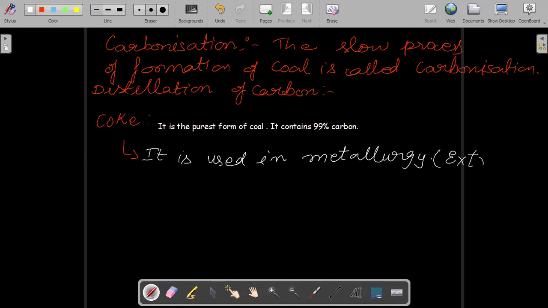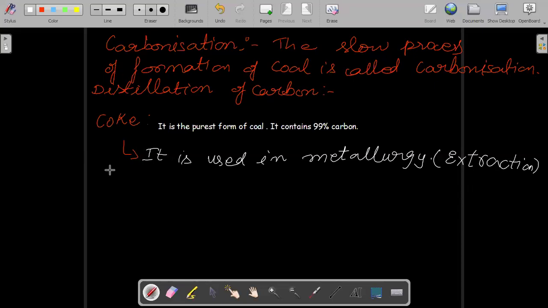So what is metallurgy? Metallurgy is the branch of science which deals with the extraction of metals, the separation of the metals from their oxides.